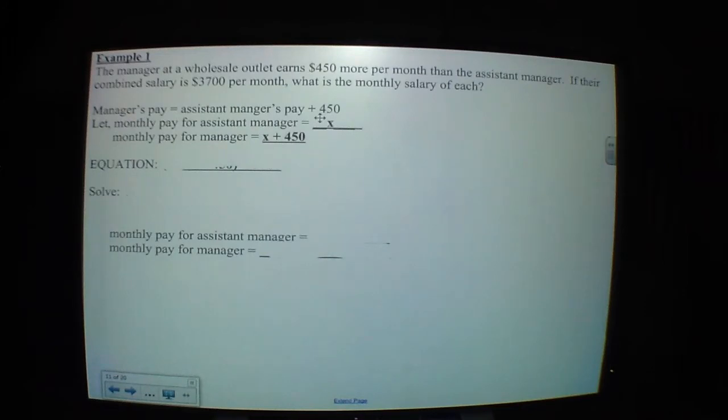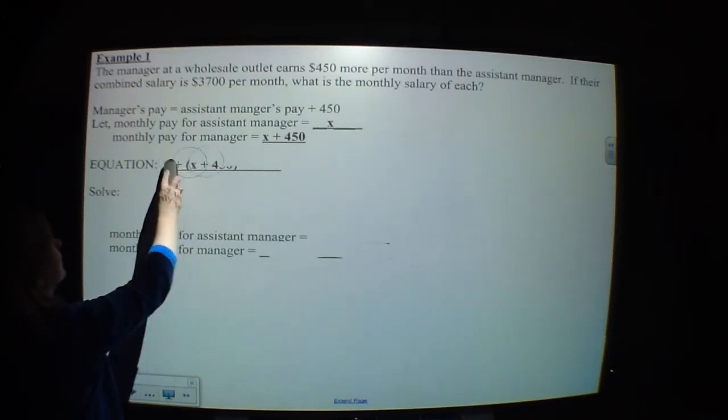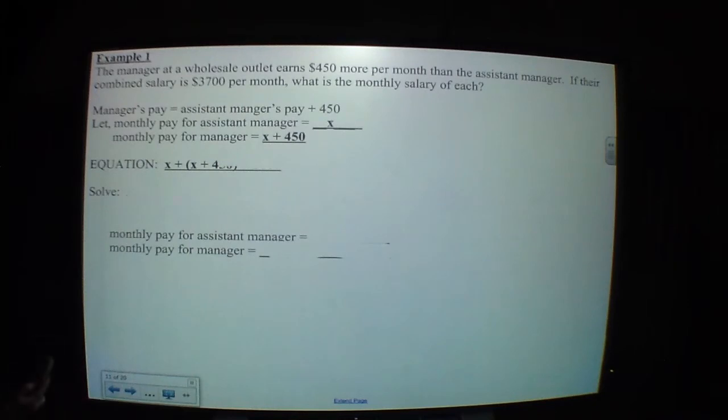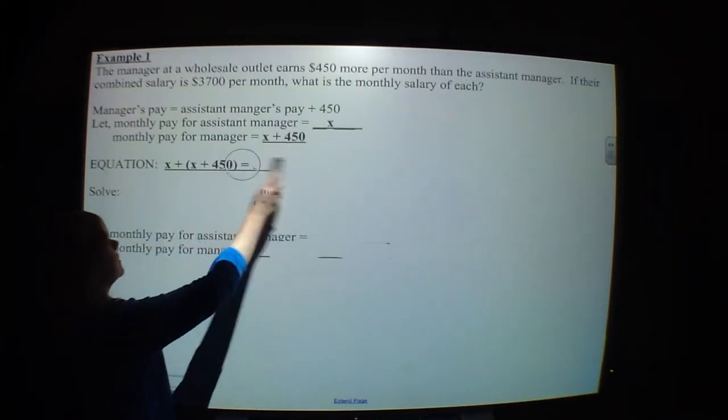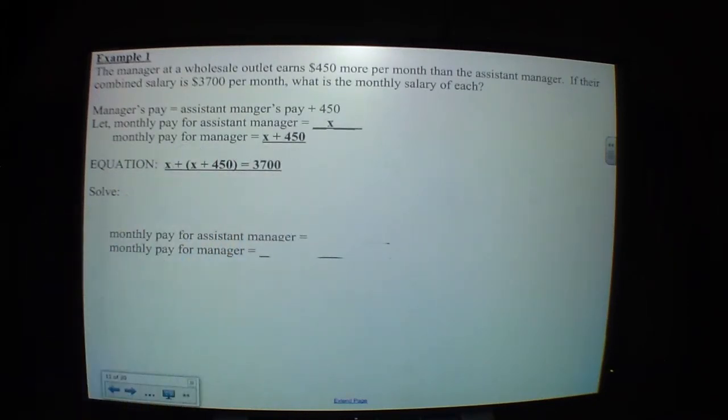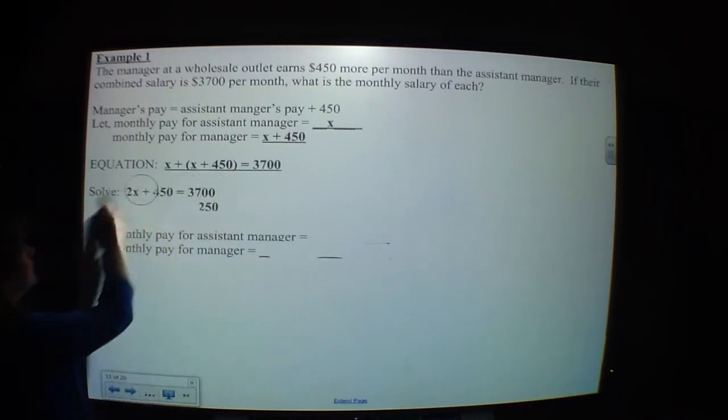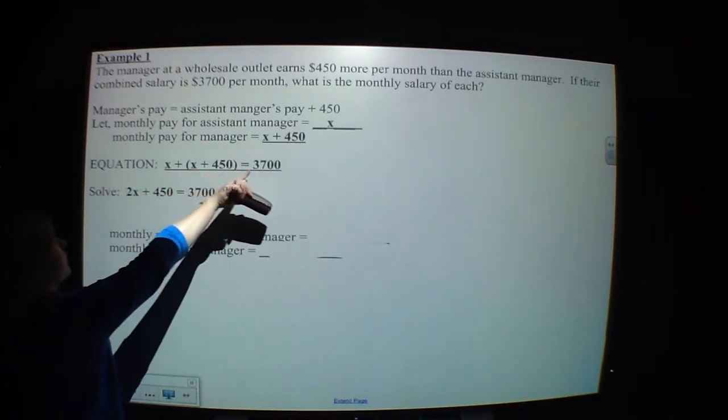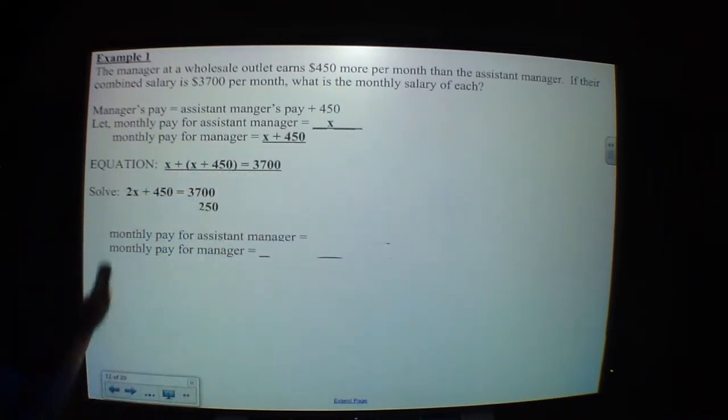And the combined salary is $3,700 per month. So if I take the assistant manager's plus the manager's, that'll equal $3,700. Here's my equation, let's solve it. 2x plus 450 is equal to 3,700.